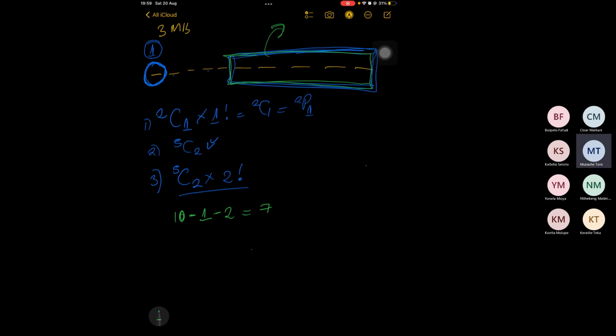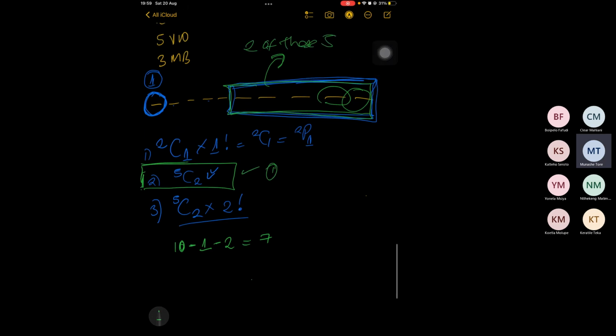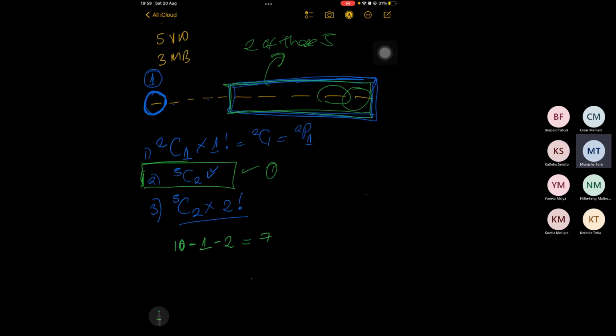So it's 2 out of these 5 that are already filled. I'm not sure which ones, but 2 of the positions were already chosen in this step, and 1 was already chosen here, which is this one.